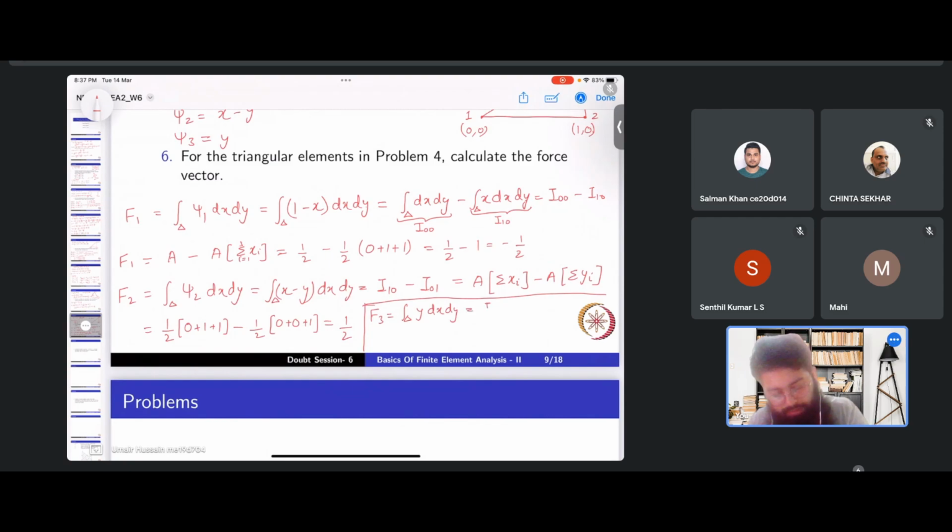So this is nothing but I01, for which we just wrote the formula as area times summation of y: 0 plus 0 plus 1. So we get value of half.